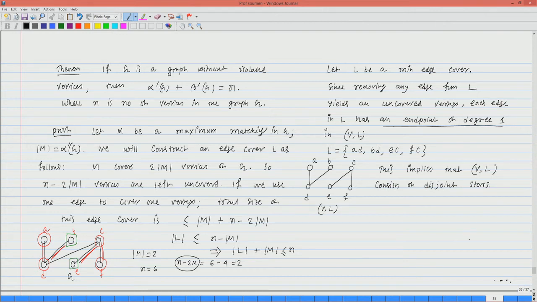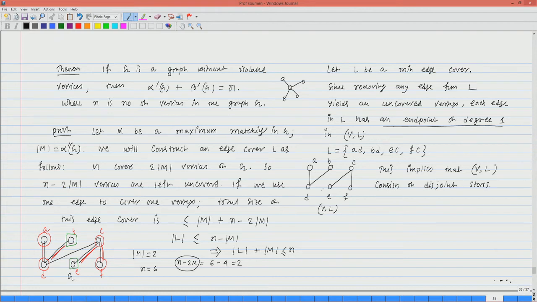I have not said what a star graph is yet. So, for example, this is a star graph. It's a tree, of course, but a tree can have an edge like this also, and that is not allowed. So, star means this property that each edge has an endpoint of degree 1.